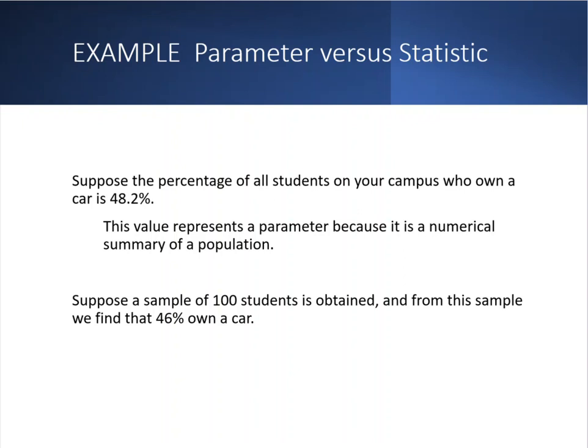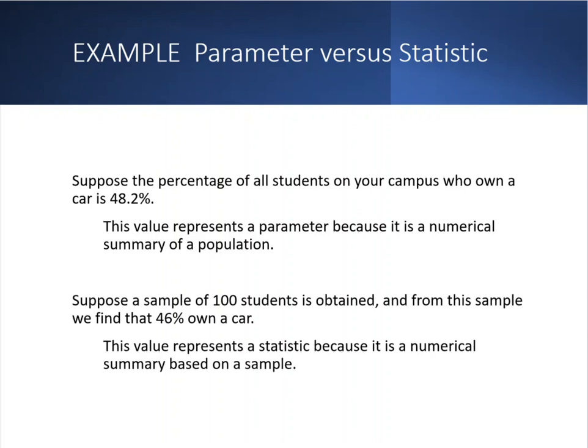Now, the 100 students becomes a statistic that is describing our sample. This one is kind of straightforward because I'm using the word sample in the sentence, in fact, twice, so it should give you a clue that we're talking about a statistic, because a statistic describes a sample.